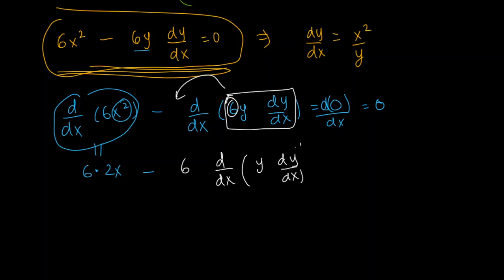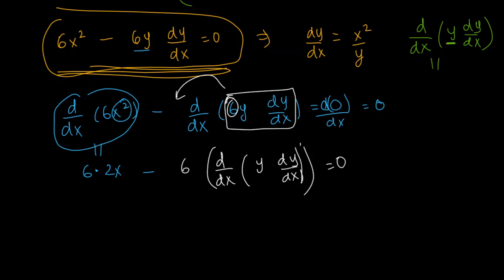This is what we have got. All of this is equal to 0. So we now have d over dx of y times dy over dx. This is just a product. So we will first differentiate y. So d over dx of y, let me do this in blue and let me do this in white just to avoid any ambiguity.